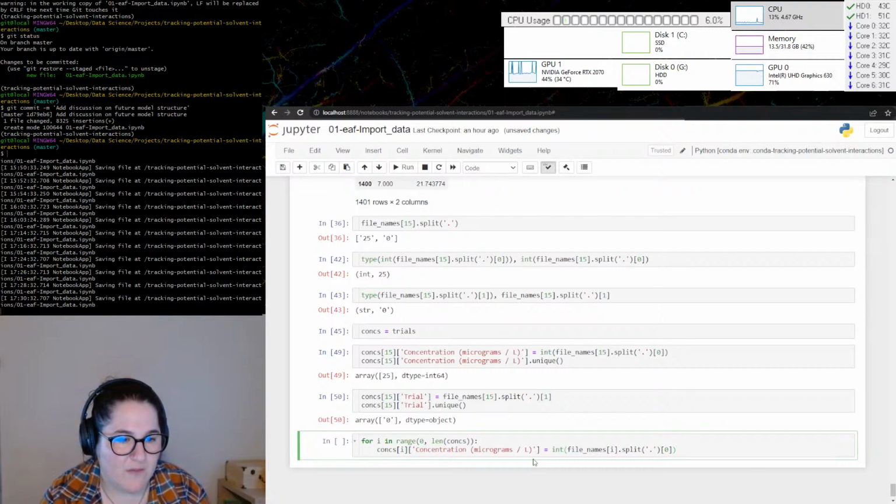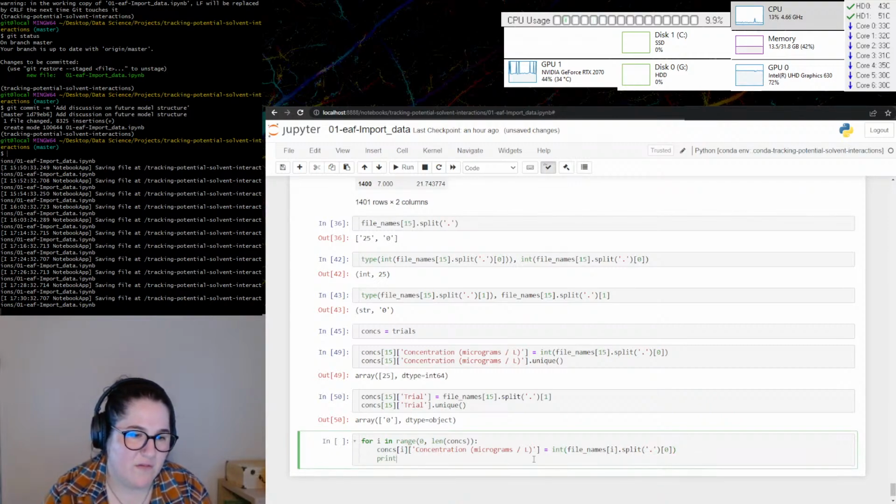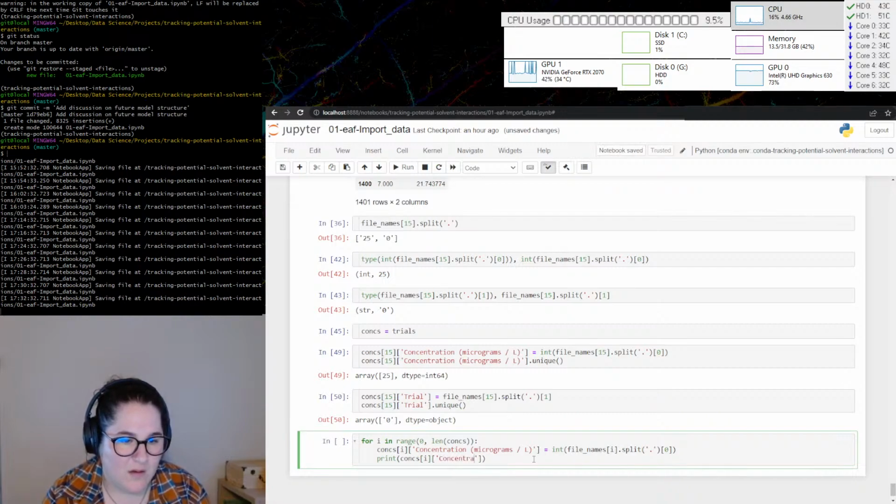And then as a test, we want to print conx I concentration in micrograms per liter dot unique.